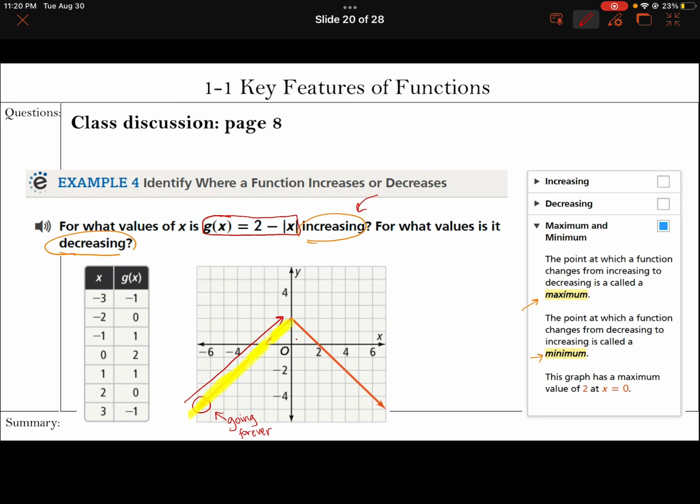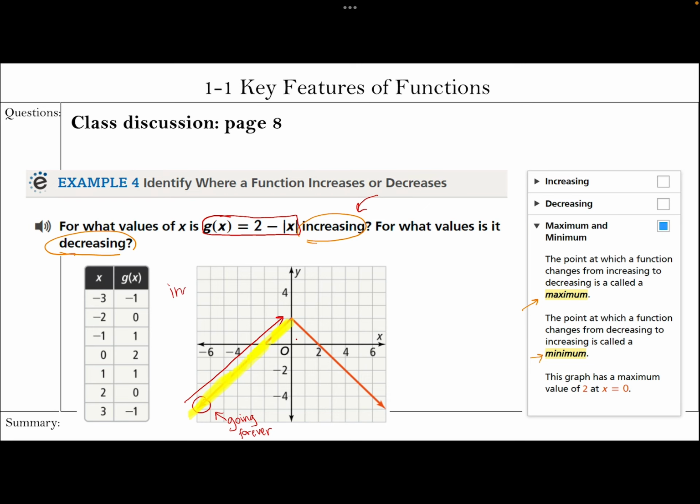So for increasing, our interval would start at -infinity. Okay? And then it would go all the way up to 0.